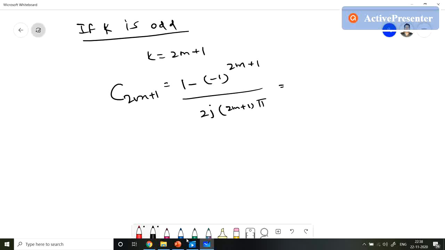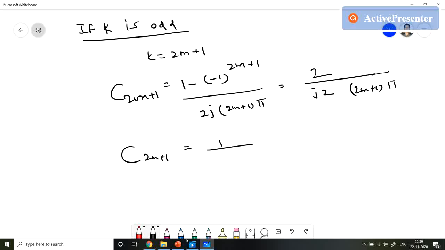So this value will become 2, and we can further write c of 2m plus 1 is equal to 1 divided by j pi times 2m plus 1.